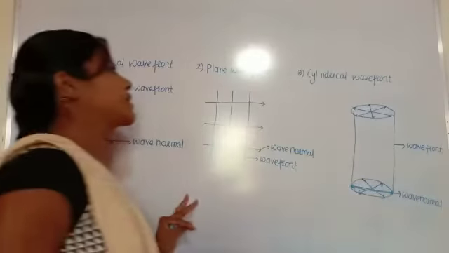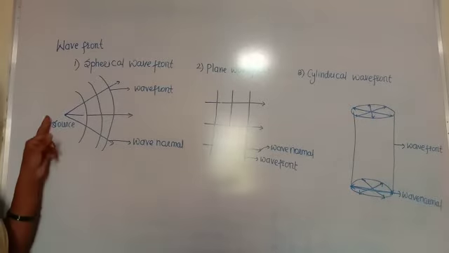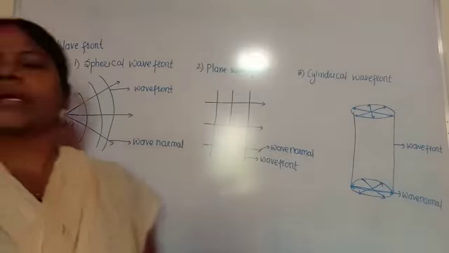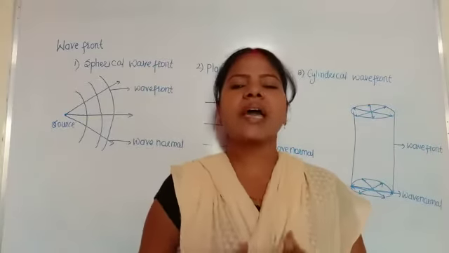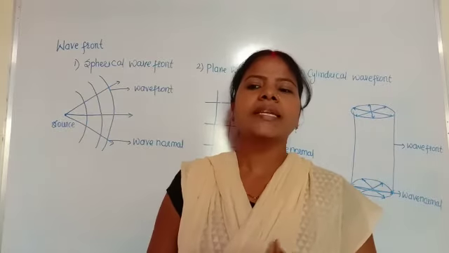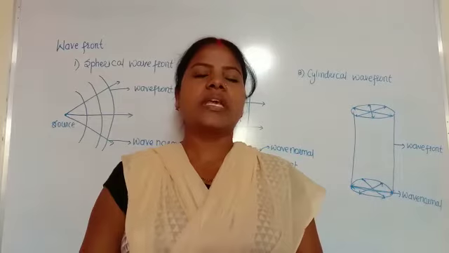So these are the three types. The spherical wavefront: when there is a point source in an isotropic medium, the source sends out waves in three dimensions.